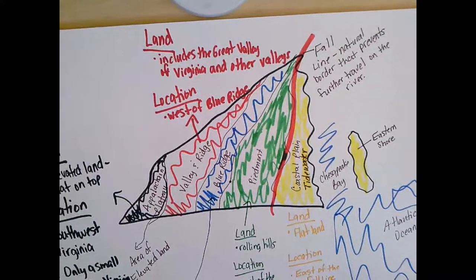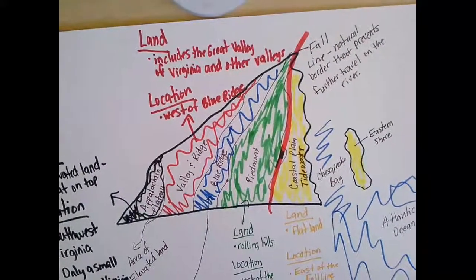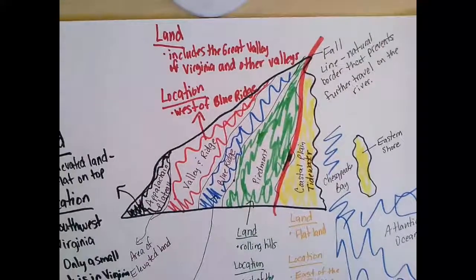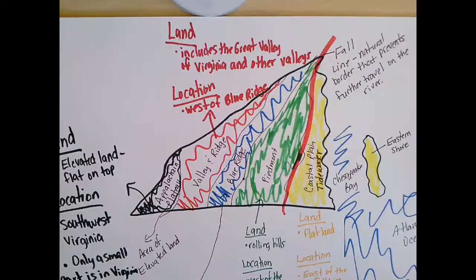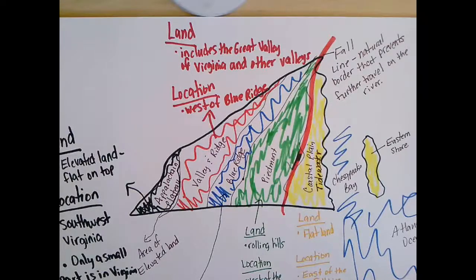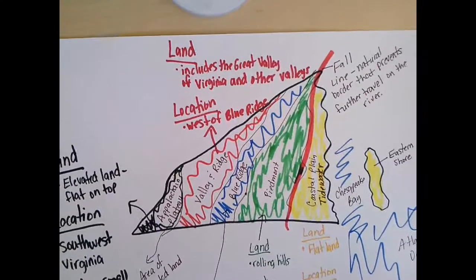Now, boys and girls, I'm going to use another sheet of paper real quick just to review our 5 states that border Virginia, because on your assignment for today, you're going to upload this, but one of the assignments for later on this week will be to review the 5 states that border Virginia.